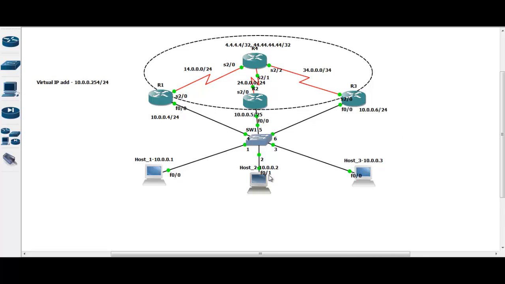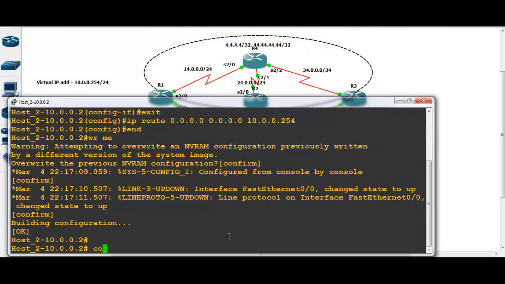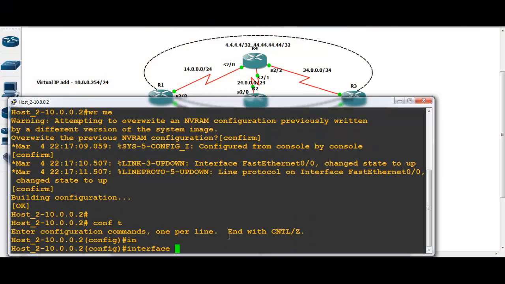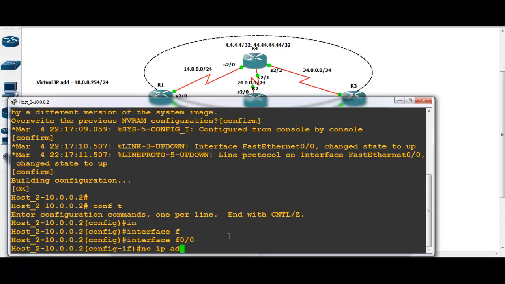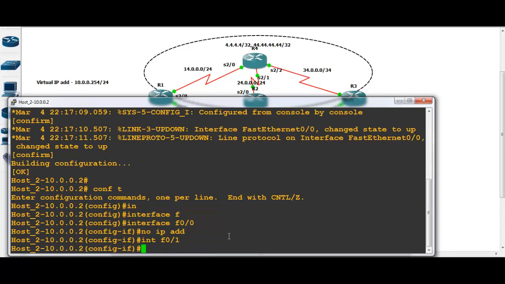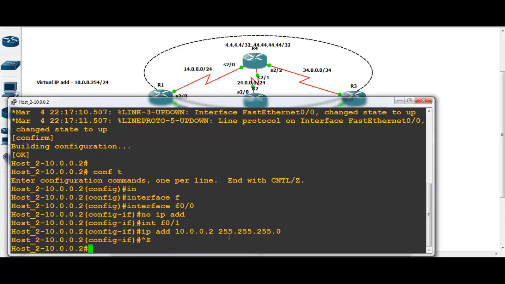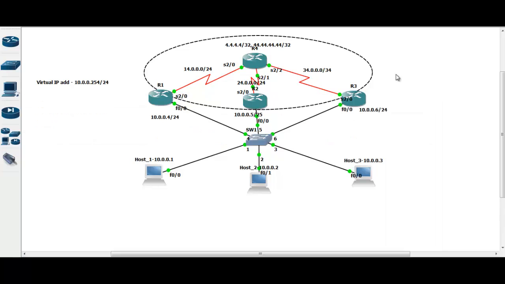See, this is the wrong interface. It should be FastEthernet 0/1, but on R2 I had given it on FastEthernet 0/0 with no IP address. The IP address 10.0.0.2 with mask 255.255.255.0 should be on FastEthernet 0/1. On one interface I had configured it on a different interface name.